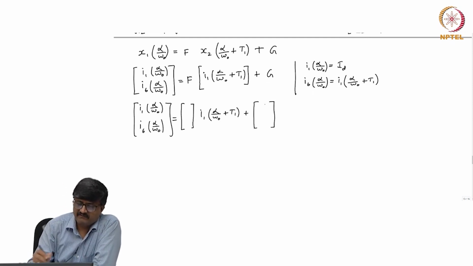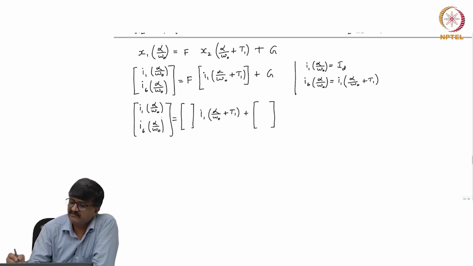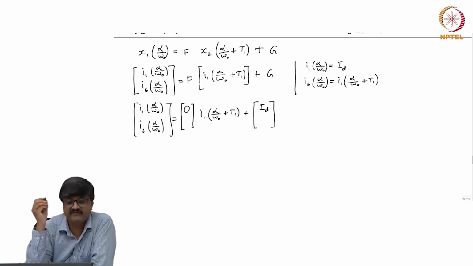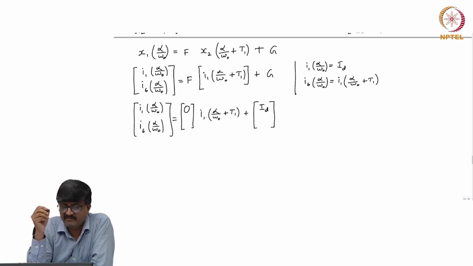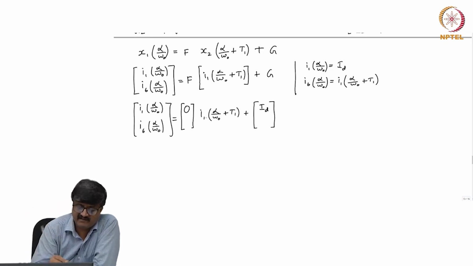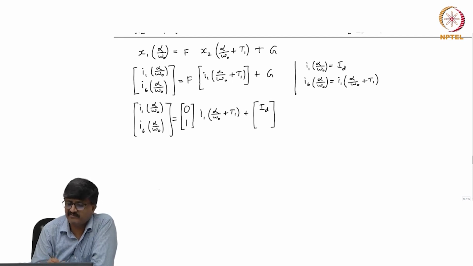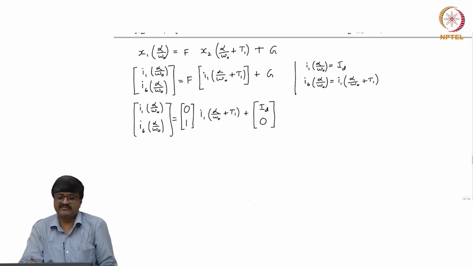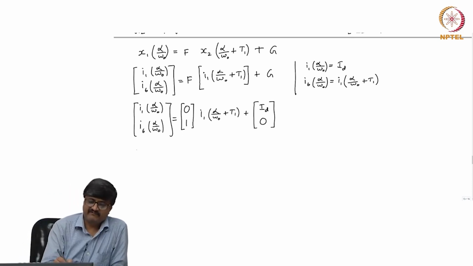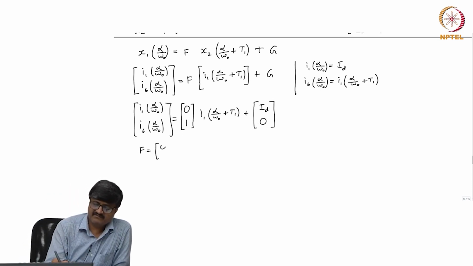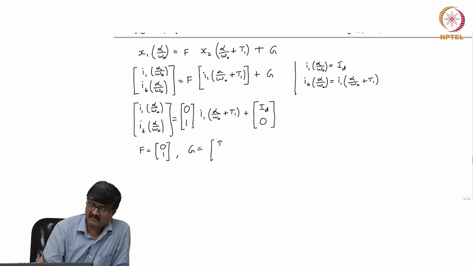The first equation says I1 at alpha by omega o is nothing but Id. So, I put Id in G and 0 as the coefficient of I1 at alpha by omega o plus T1. In the second equation I6 at alpha by omega o is nothing but I1 at alpha by omega o plus T1, so I put a 1 in F and 0 in G. So, we get F as 0 1 and G as Id 0.